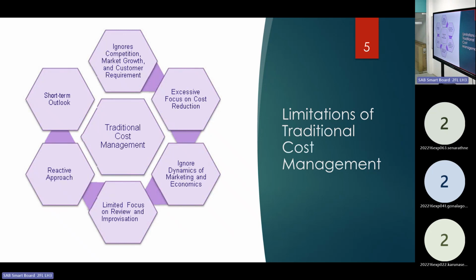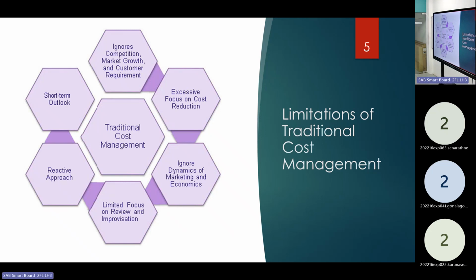So it ignores the dynamics of marketing and economics. When it comes to the actual business profit and value creation, the economic conditions of the country or the industry, right? Outside factors and organization marketing play a very important role. So those aspects were not taken into consideration in the traditional cost management.